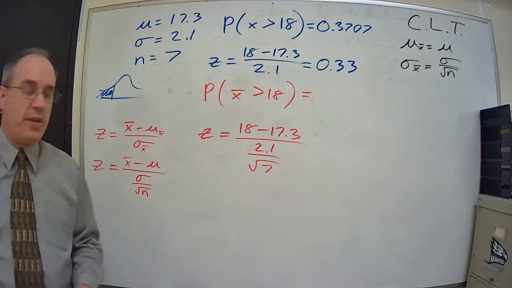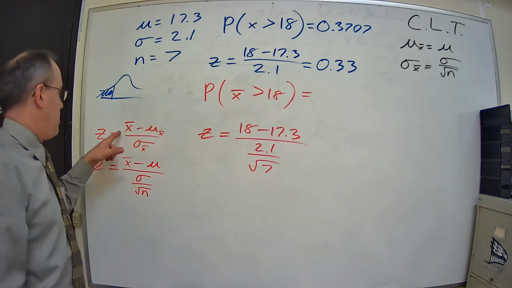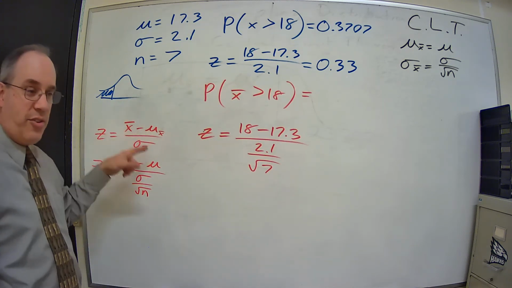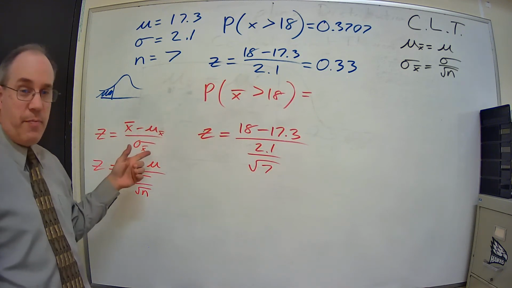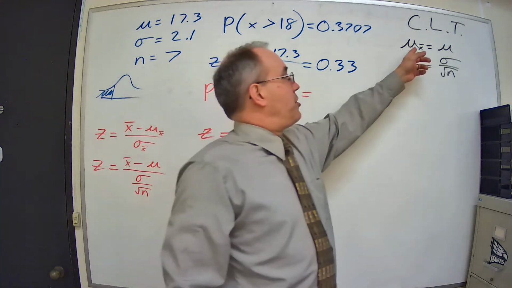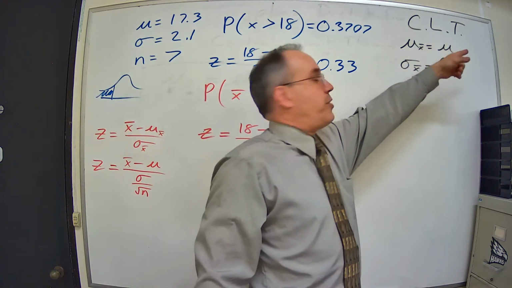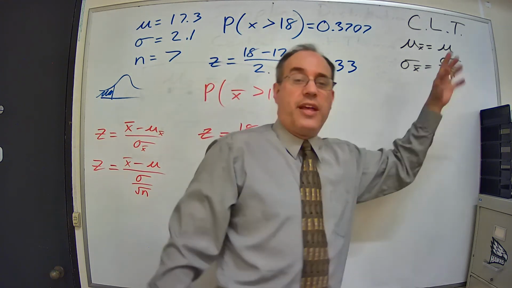So we end up with this formula. Now, I will point out that this looks almost identical to the original formula because we just substituted in x bar. But you could do the calculation separately. Say mu of x bar is equal to mu, so that's such and such. Sigma of x bar is equal to sigma over the square root of n, so that's equal to such and such.